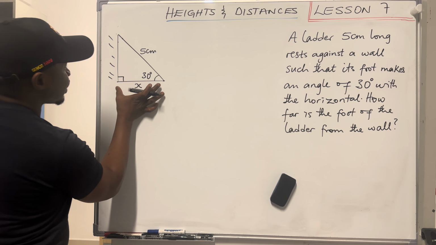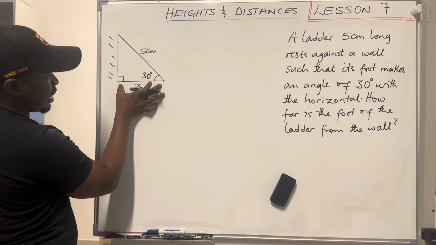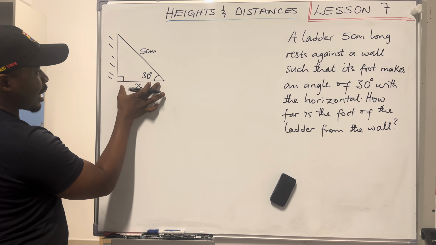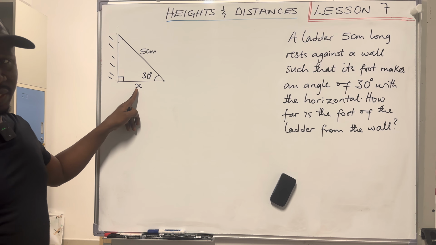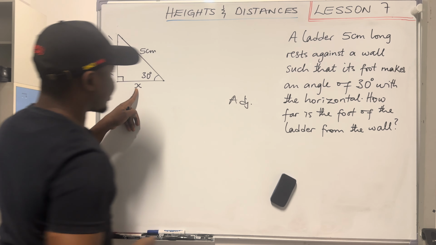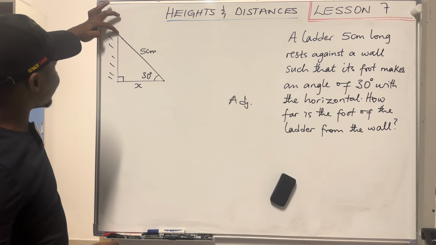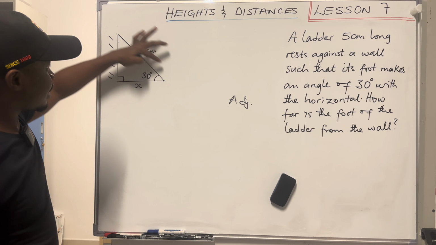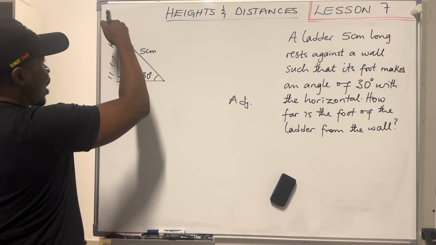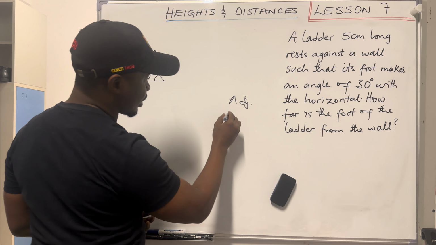The part that we want to find lies between the given angle and the right angle, so this is the adjacent side. The given part, the ladder, is the side facing the 90 degrees, so it is the hypotenuse side.